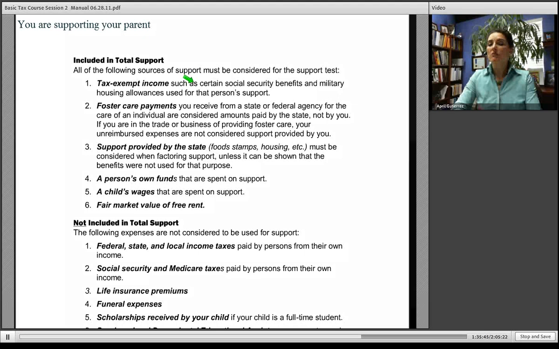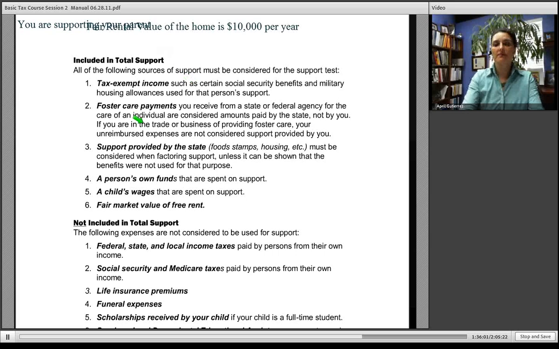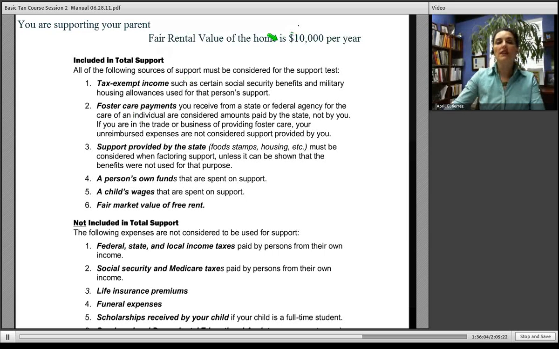Are you paying more than half of your parent's support? Well, you're going to have to figure what the fair rental value of your parent's house is. So if the fair rental value of the home is $10,000 per year, then you're going to have to be able to show that you spent more than $10,000 on your parent's support.